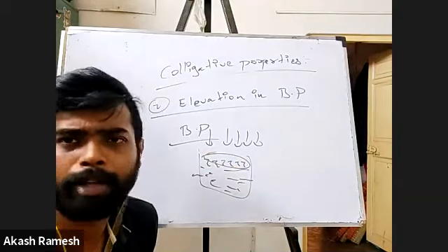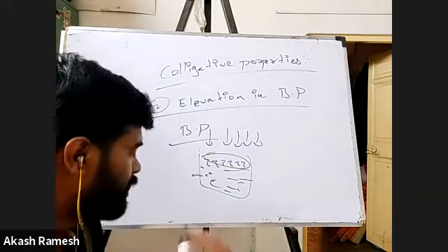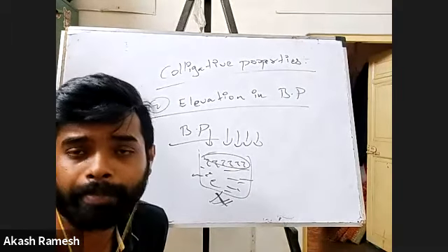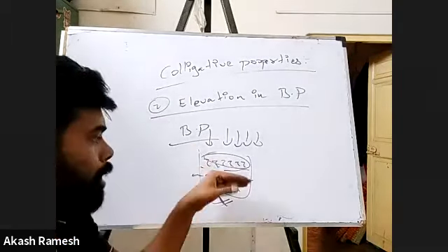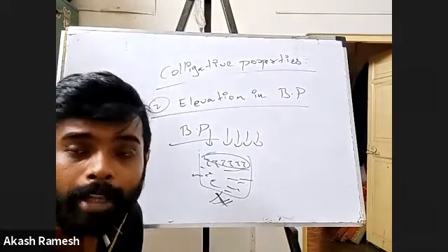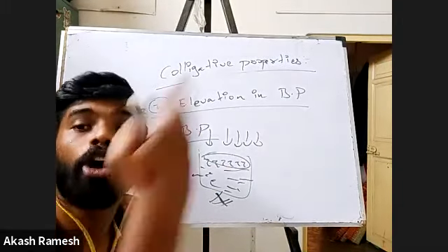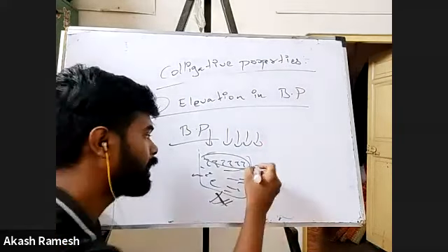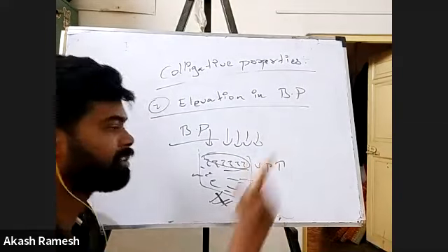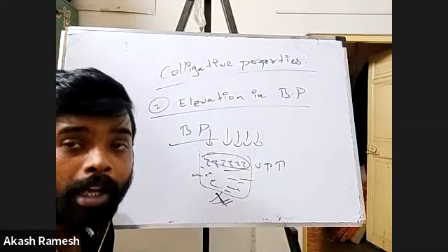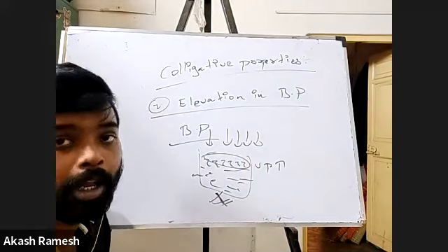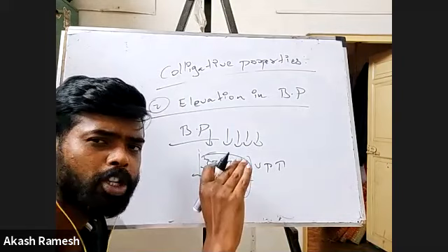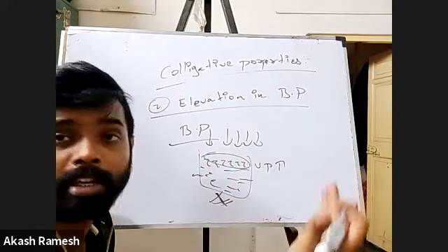Very simple explanation. Now please understand, if I start heating the liquid, what will happen? There'll be more and more vapors present, more and more liquid going to the vapor phase. You will see that the vapor pressure will keep on increasing. At a particular point, you will find that the vapor pressure can no more increase.